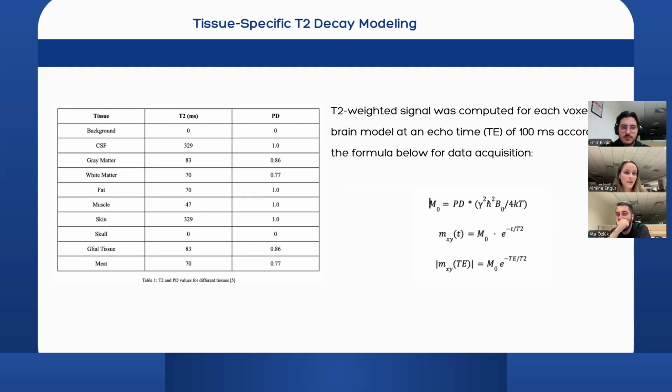As you can see from the table, the T2 values and proton density values are available. The T2-weighted signal was computed for each voxel in the brain model at echo time. The calculation is done according to the formulas you can see, which were obtained from lecture notes and represent the T2 effects until the TE time.